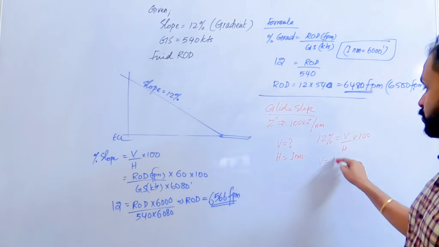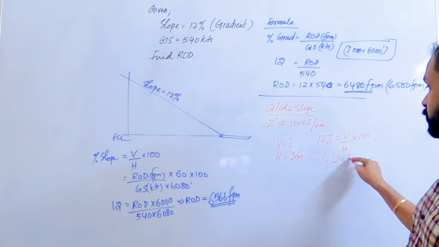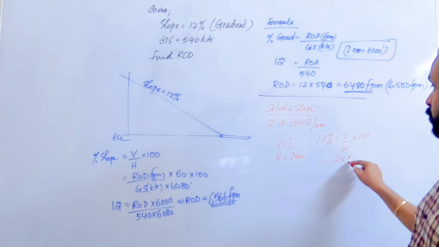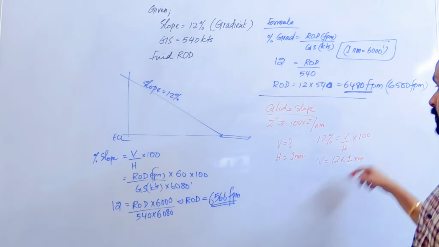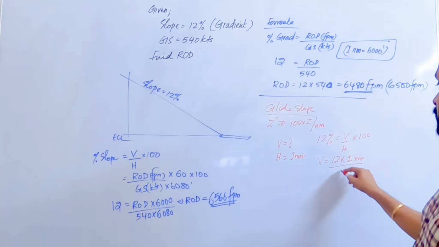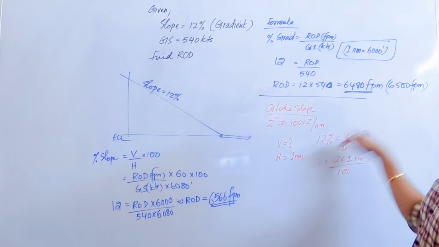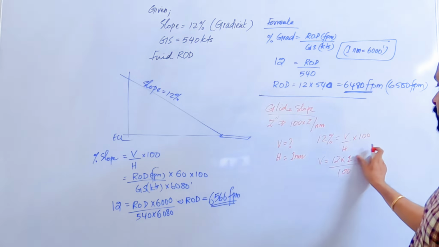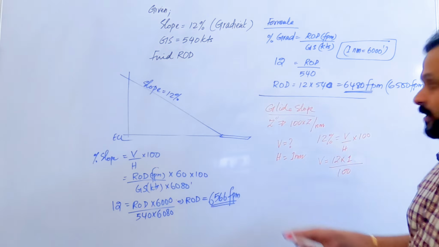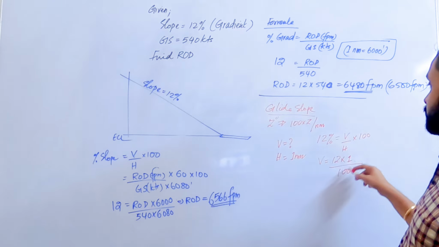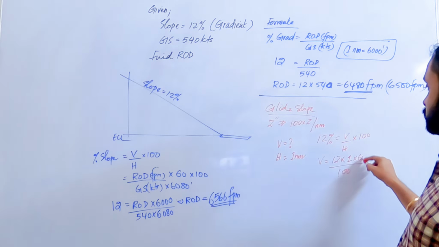V is equal to 12 into H, where H is 1 nautical mile, divided by 100. Now it's in nautical miles, so let's convert this to feet, into 6,000.